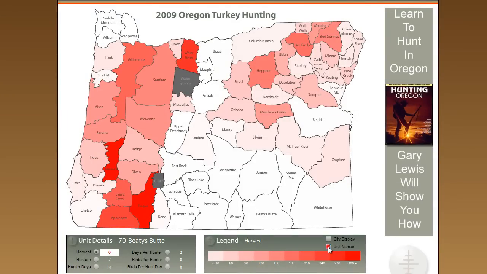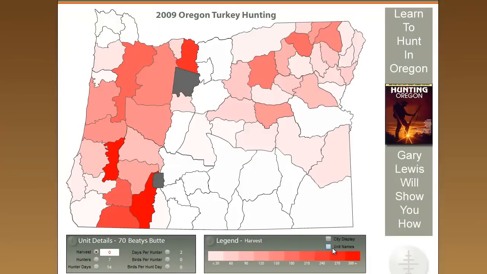You can turn unit names off as well if you want to just visually display data with color. I personally like to keep those on, but if you don't, you can still get the hunting unit name as you mouse over each unit. You'll notice down here in the bottom left a display of the actual unit number and name.